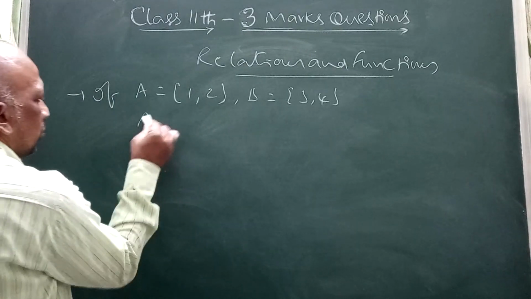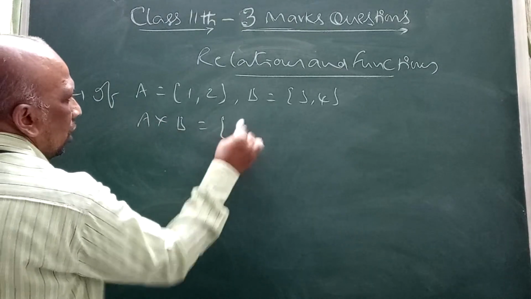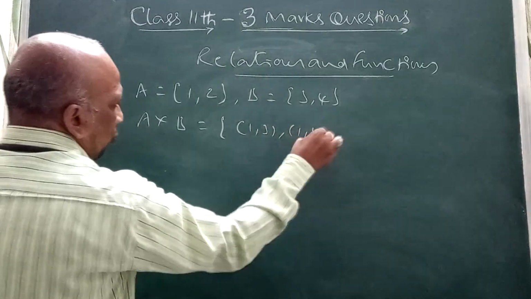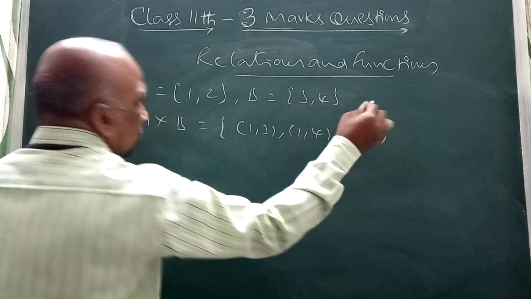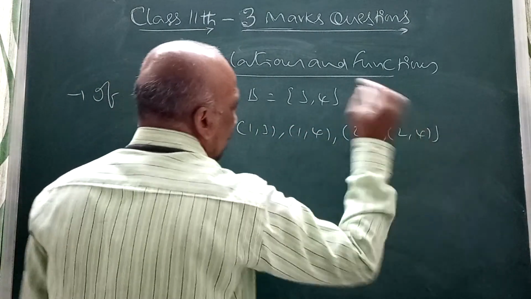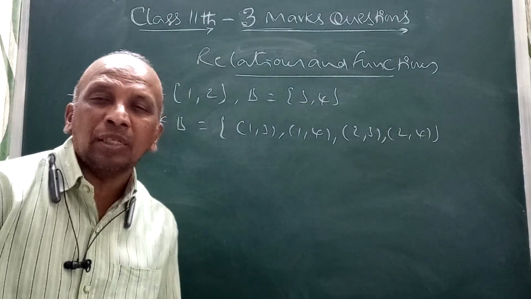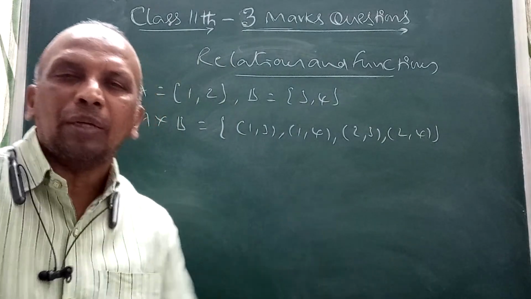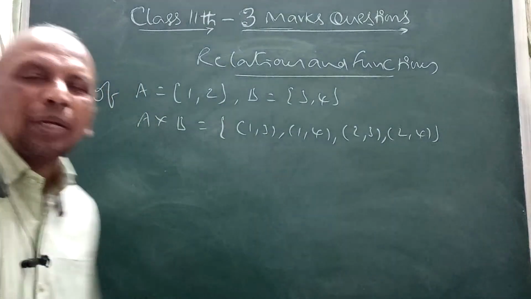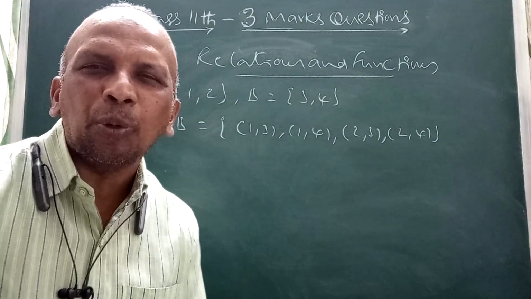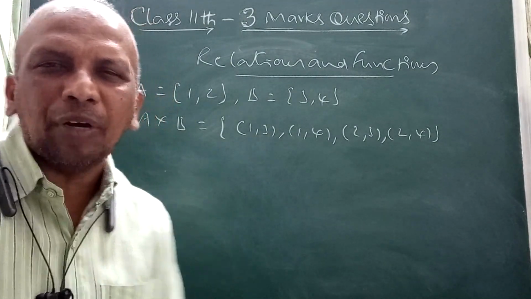If I write A cross B, it is (1,3), (1,4), (2,3), (2,4). This is A cross B. Then find the number of relations that can be defined from A to B.